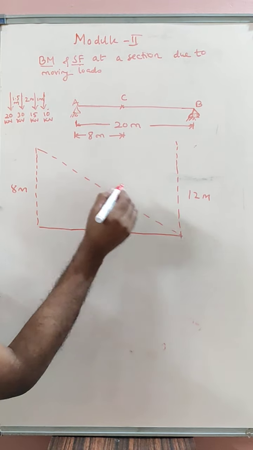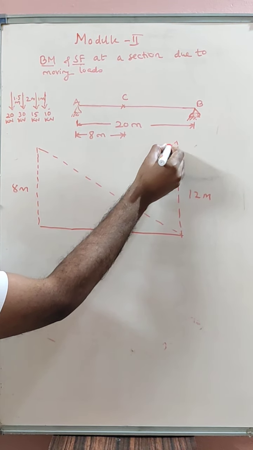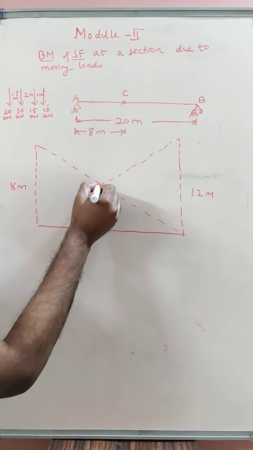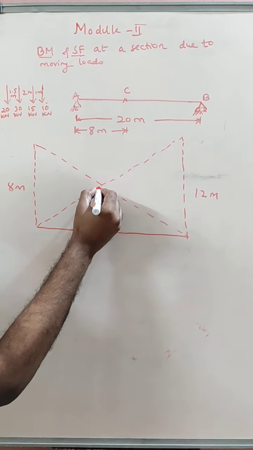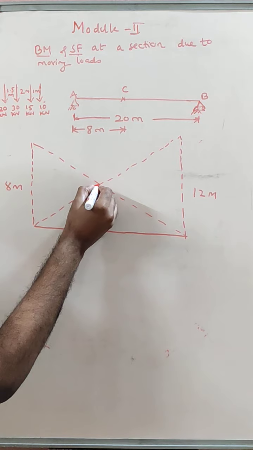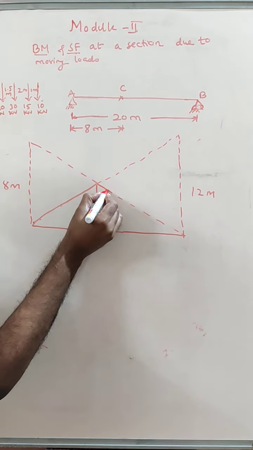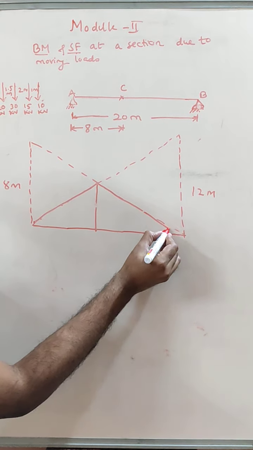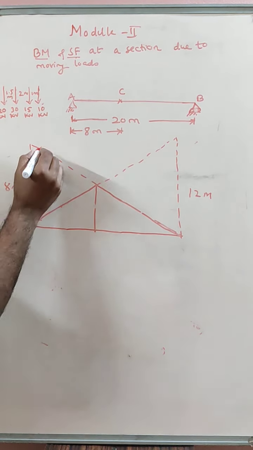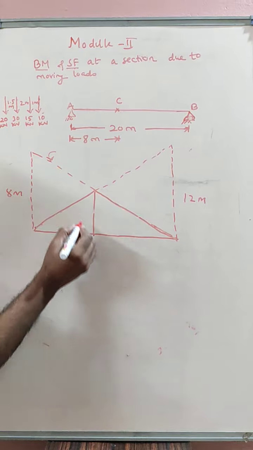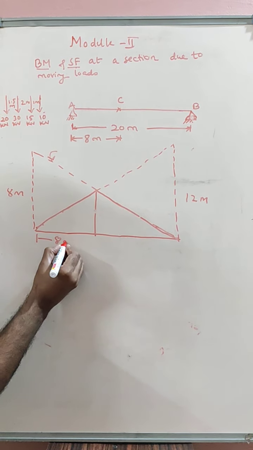And then join this and join this and darken this. So this is your influence line diagram for bending moment at C, which you have already drawn in the previous trial. So the same thing will continue here. The slope of this line is, this is of course 8 meters.